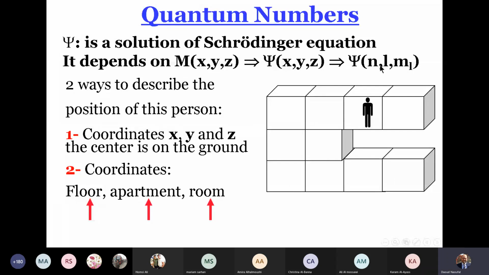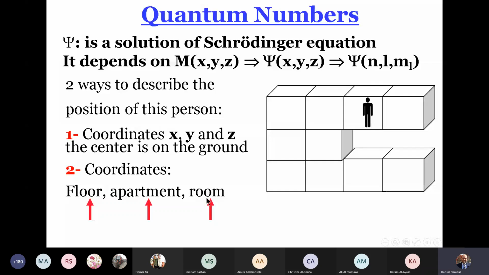These are notations. I return to my example. If I give X, Y, and Z for this person, I can locate him directly, but it's not easy to use these coordinates. If I use the coordinates floor, apartment, room, I can locate this person more easily.